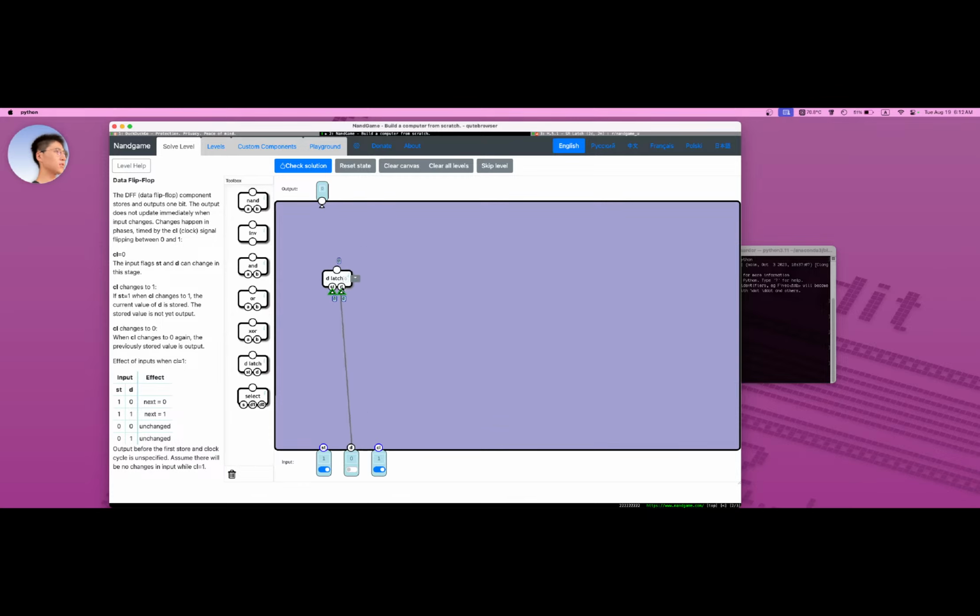Delete. Let's just use this D latch, okay? It says that we depend on this clock, right? If this is 1, then store the value. Store what? Store the D value, right?